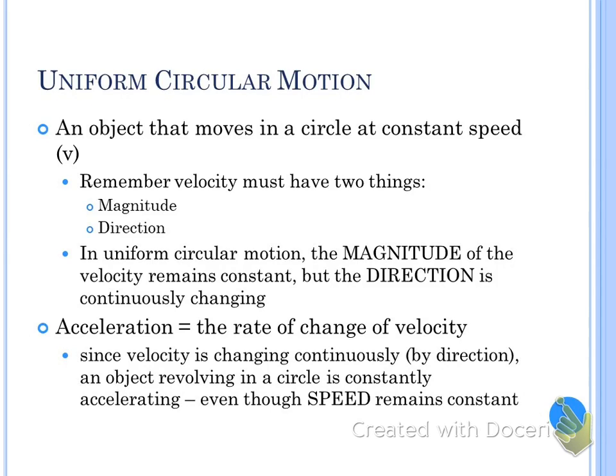Okay? It doesn't necessarily mean it's speeding up or slowing down, but its velocity is changing, which causes an acceleration. Okay, so this kind of warps the way we've looked at acceleration thus far. So far, we've only seen acceleration mean we're speeding up or slowing down. Now we're looking at it as purely a change of direction.